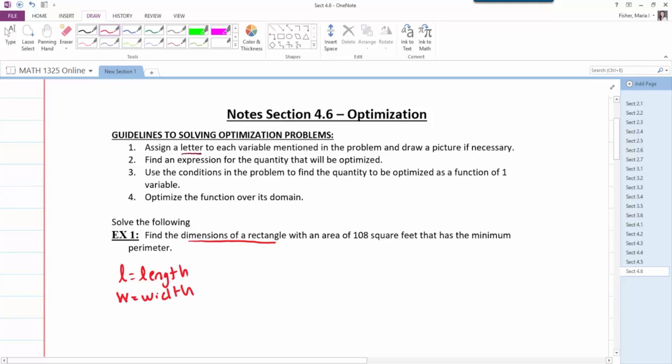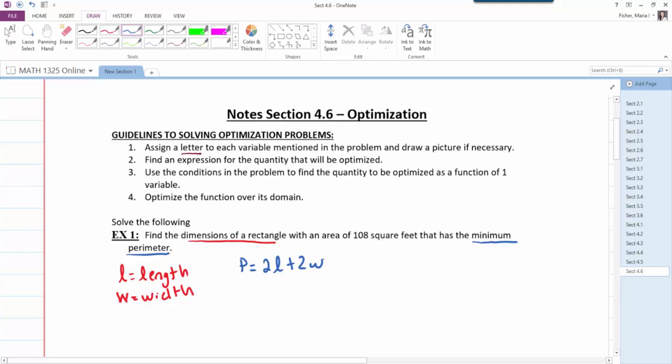Then we need to find an expression for the quantity that is to be optimized. It's asking us to find the minimum perimeter. So the equation for perimeter of a rectangle is P is equal to 2L plus 2W.